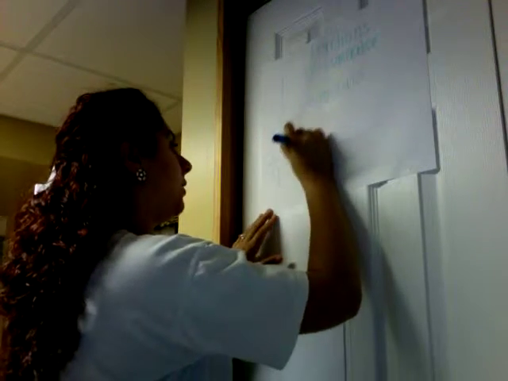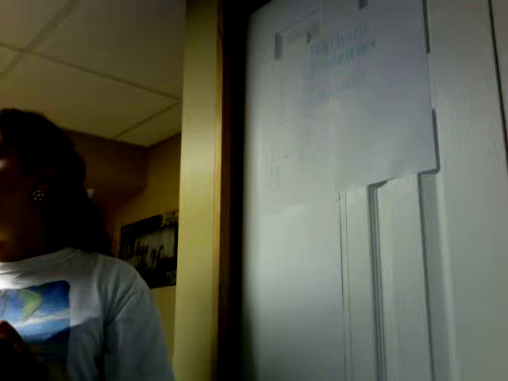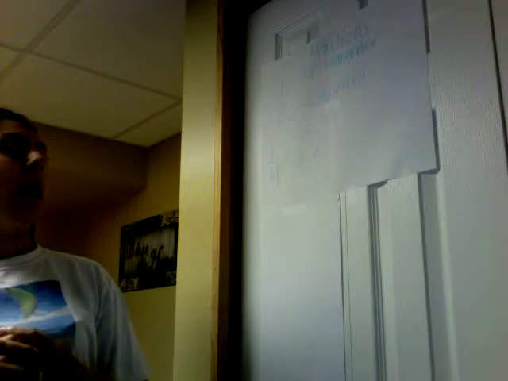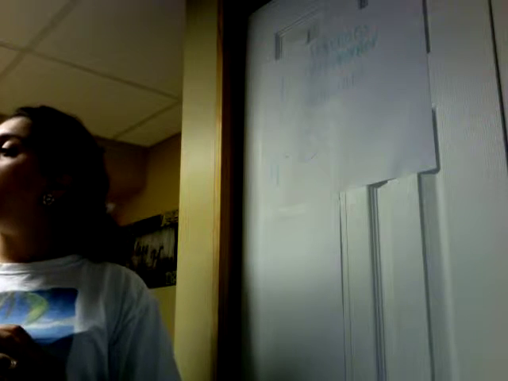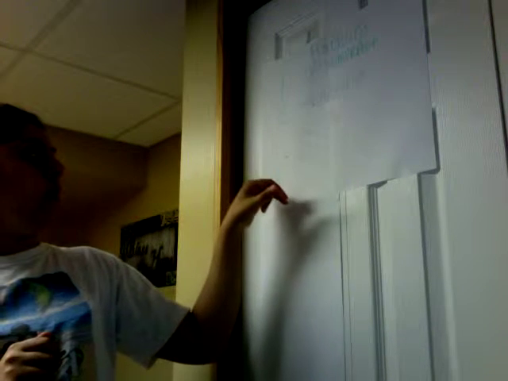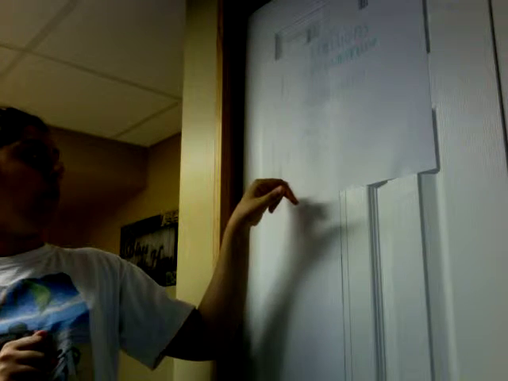Circle. Good. So we have a circle. And then how many pieces is it divided into? Which number in the fraction tells us how many pieces to divide it into? The denominator. Good. So with the denominator being 4, how many do we divide the pie into? 4 pieces. Good.